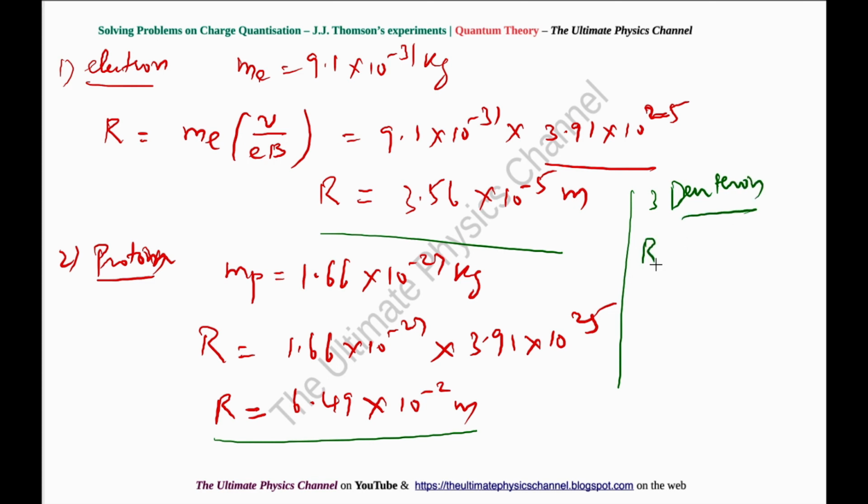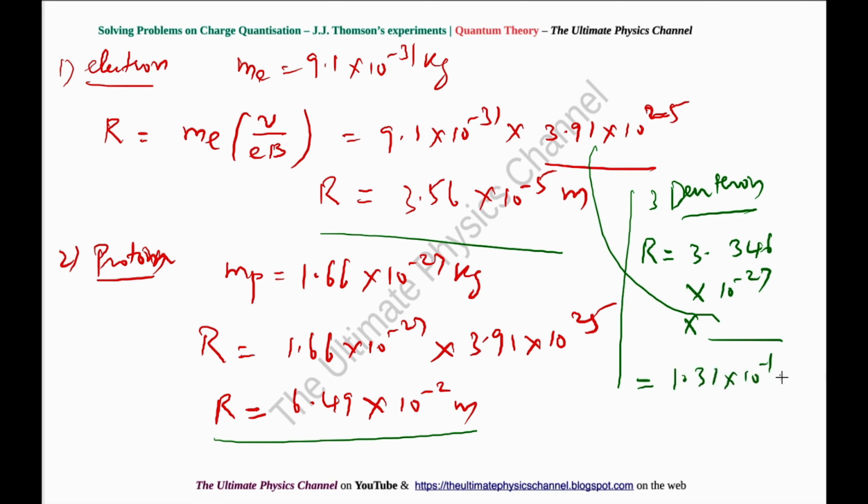The value for R in this case is, if you take the deuteron mass to be equal to 3.346, if you refer to the tables, you would find that this is the mass for the deuteron, and multiply that with this factor 3.91, then you would get our radius of curvature for the deuteron is about 1.31 into 10 power minus 1 meter, or 0.13 meters.